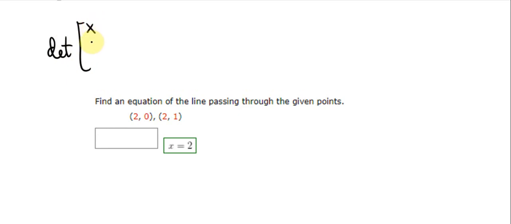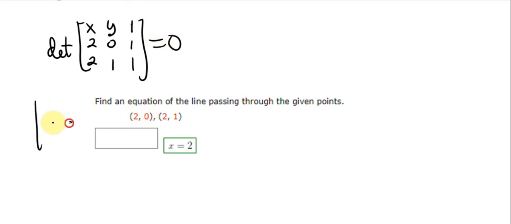We got the x here, and then we put the x values 2 and 2, and then the y. Then the y values are 0 and 1, and then here is 1, 1, 1, and that's set equal to 0. Now, if you notice these points here, 2 comma 0 and then 2 comma 1.